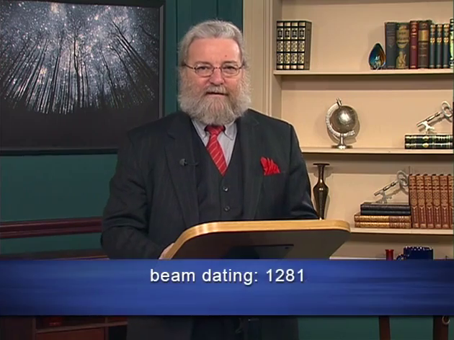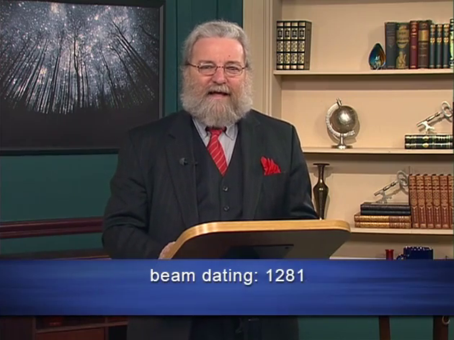In addition, they used another technique, which we'll discuss in a subsequent lecture, counting the tree rings in the roof beams of the church. One of the beams, which gives a very precise date because we can match the thicknesses of the rings exactly as I'll show, gave the date of 1281 AD.